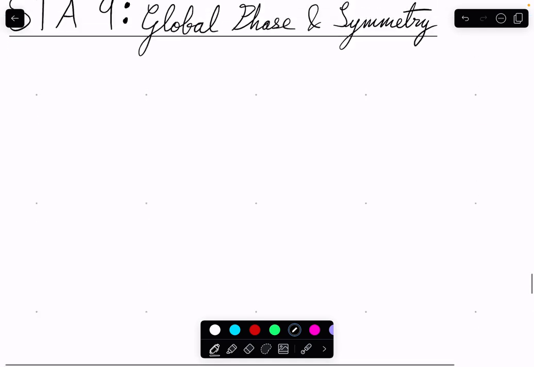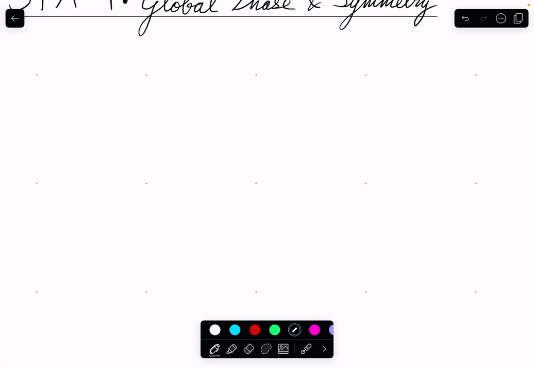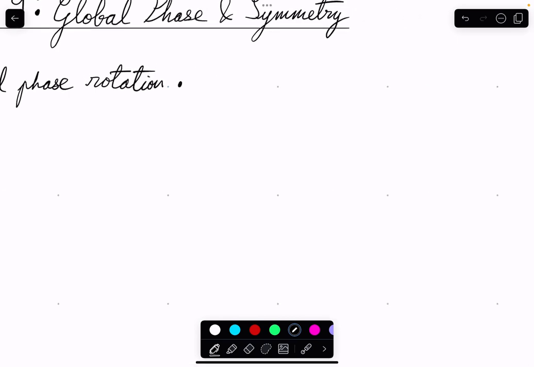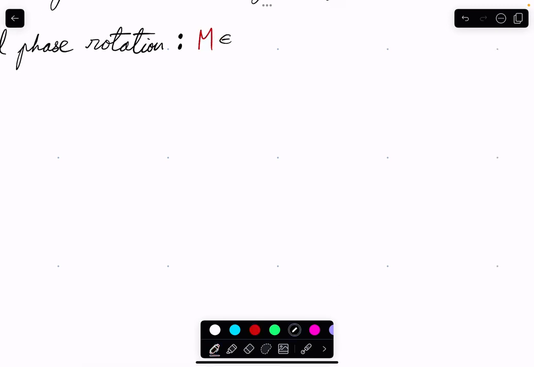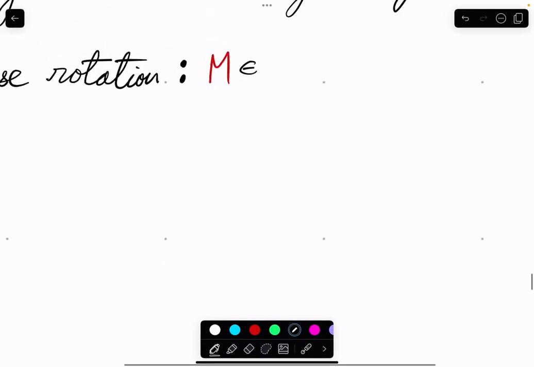So let's consider a global phase rotation, and then we'll just consider it on a bivector field. It happens when you say that you have some multivector in the spacetime algebra.